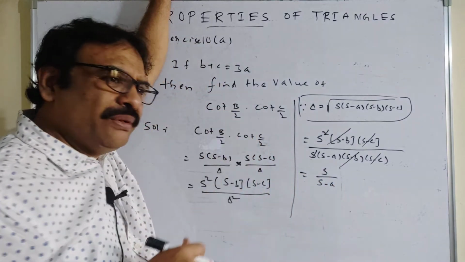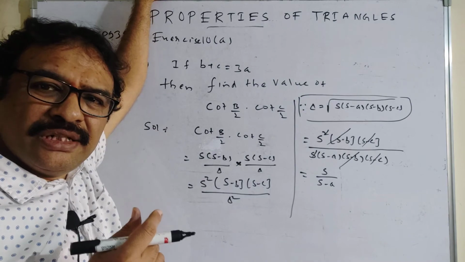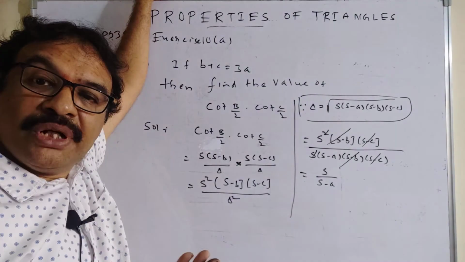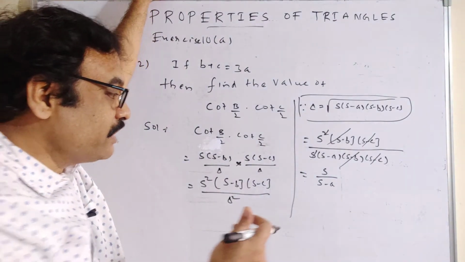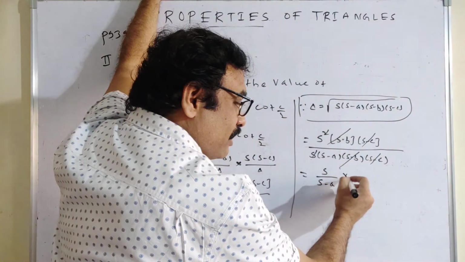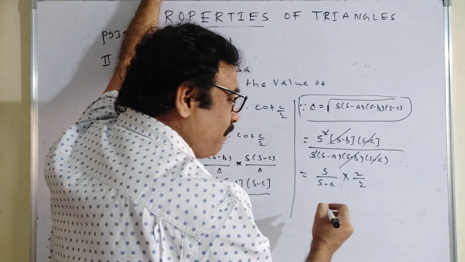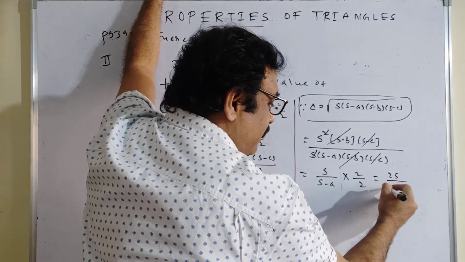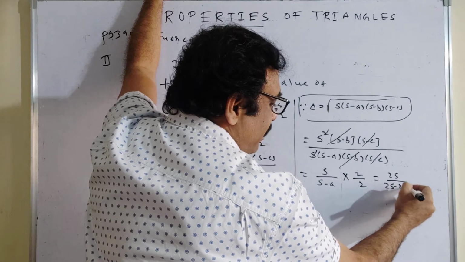But we know that this s is related to half of the perimeter of the triangle. We know that the perimeter of the triangle is 2s is equal to a plus b plus c. So what I'll apply, I'll be multiplying with 2 by 2. Therefore I'll be getting 2s by 2s minus 2a.